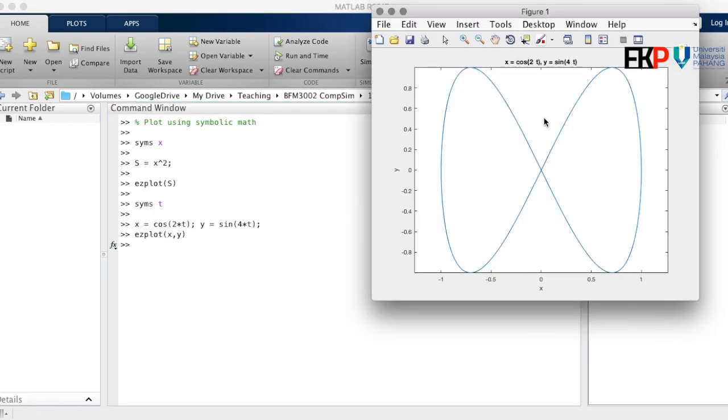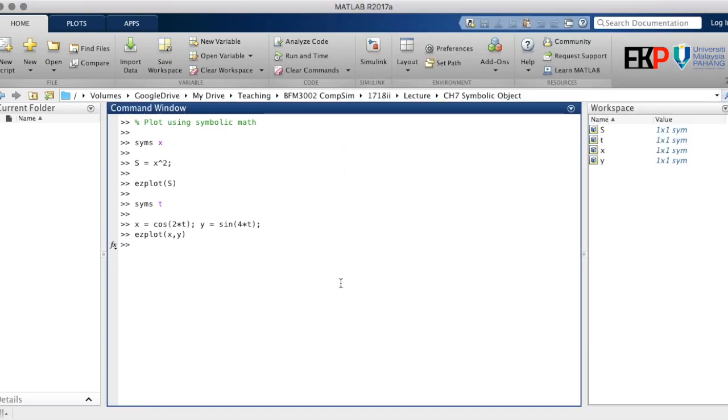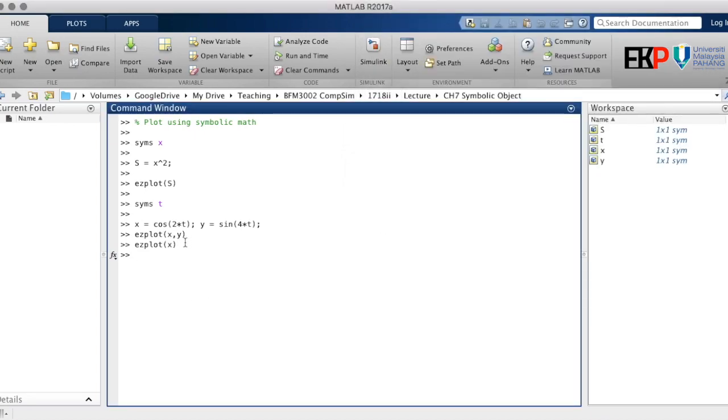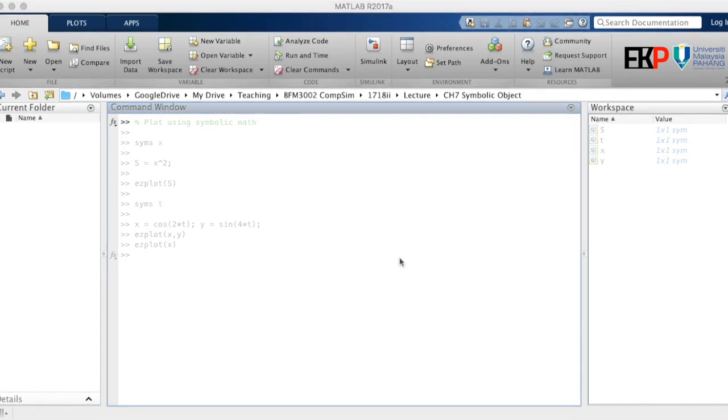When we press enter, we get the plot of x comma y instead of plot of x against t. If we plot ezplot x only, x will be plotted with respect to t. For example, if we do ezplot of x, now x is plotted against t. So if we want to plot x against y, the command is to type in ezplot x comma y. That is how you can plot using the symbolic math.